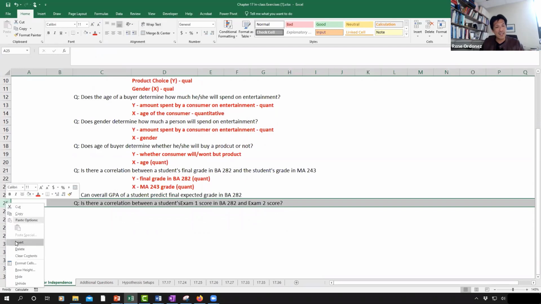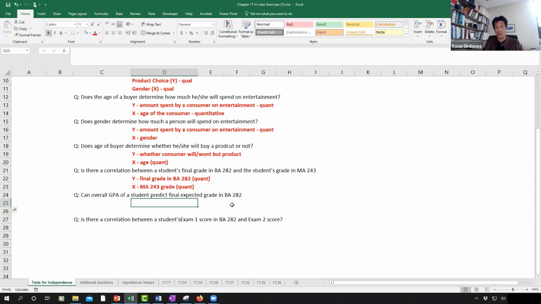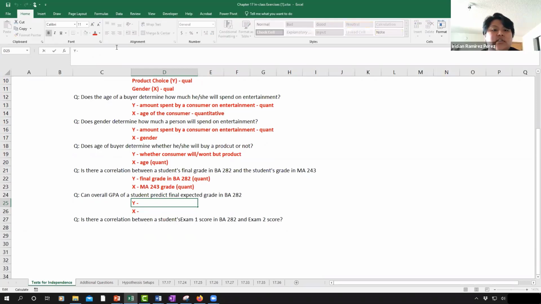All right, now how about these last two? I'll let you look at them and tell me what the y and x variables are. Who wants to take a crack at this? I guess the y, the response, would be the final grade expected in 282, is that right, Iridian?